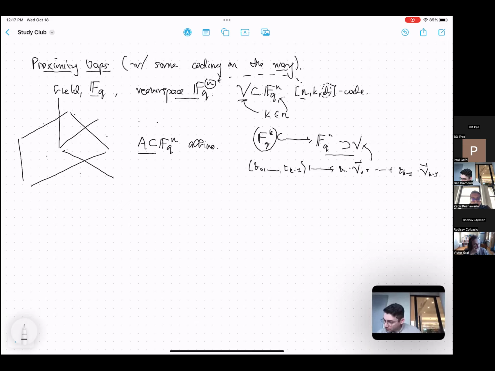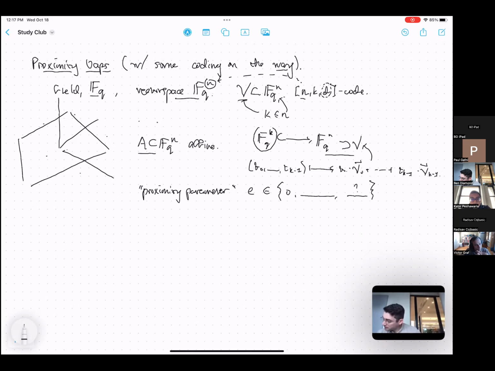And I'm going to pick what's called a proximity parameter. We're going to call it E, and it's going to be an integer. It's going to live in a range 0 up to something, which we can get to later.